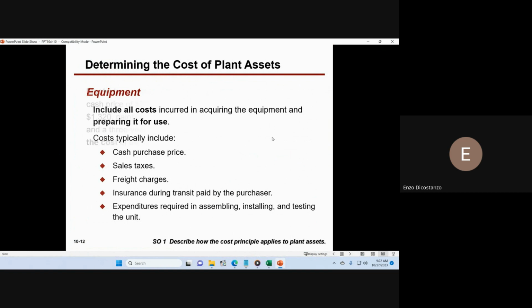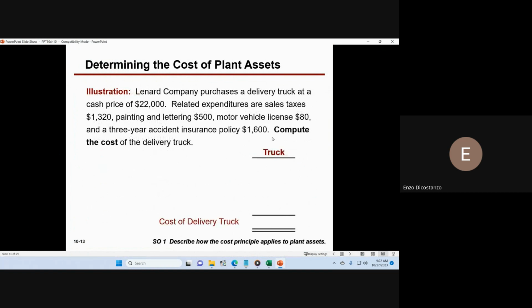This one, we bought a truck, and again, there's no Ford F-150 you can buy for $22,000. This was written maybe 30 years ago. These are old problems. The vehicle itself was 20,000.